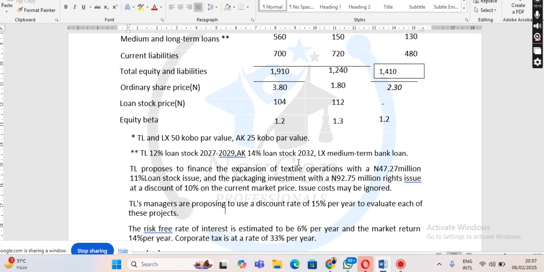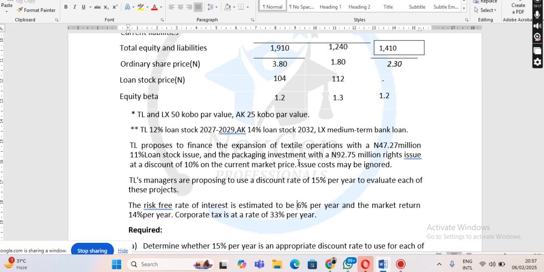For the expansion, since we were given the elements of CAPM, which are the risk-free rate and the market return, we need to determine the cost of equity of TL. Using that, you can now do your weighted average cost of capital. Then you can compare with the 15%. Now let's do it this way.